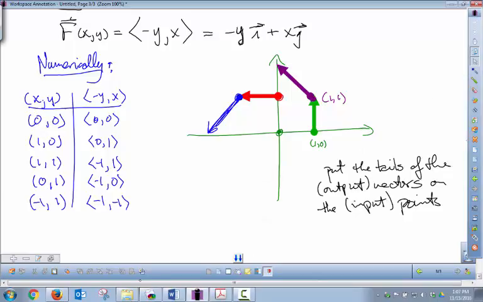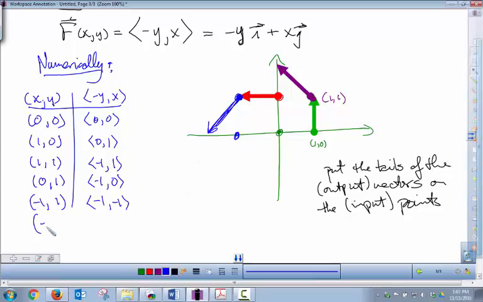And then let's try another point like -1, 0. That would be 0, -1. So 0 in the x, -1 in the y. That would just be going straight down.